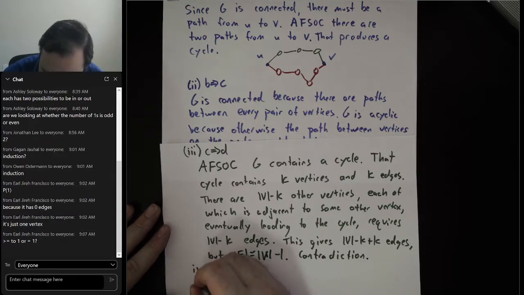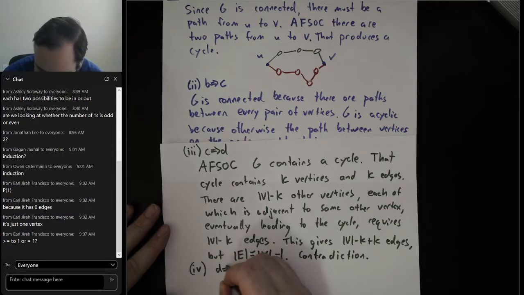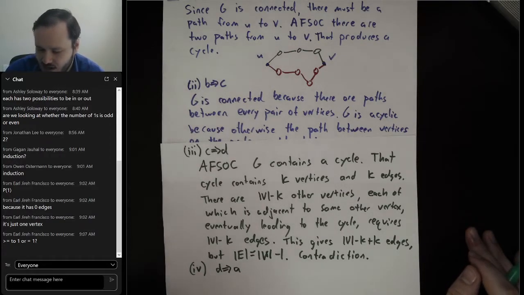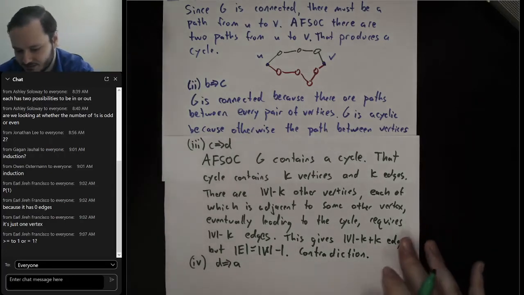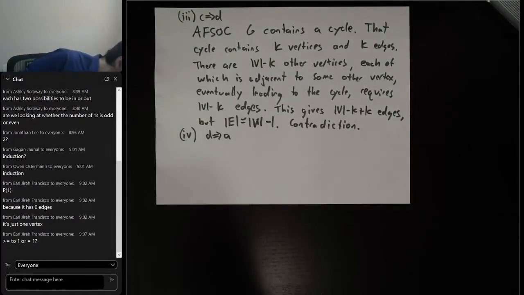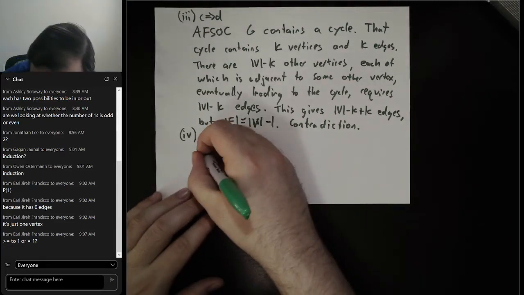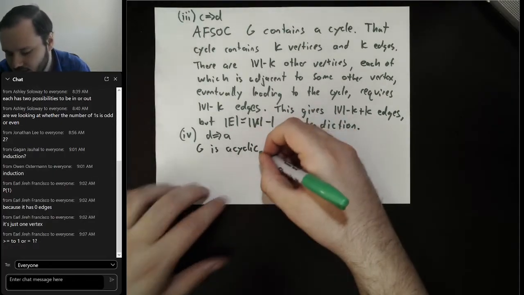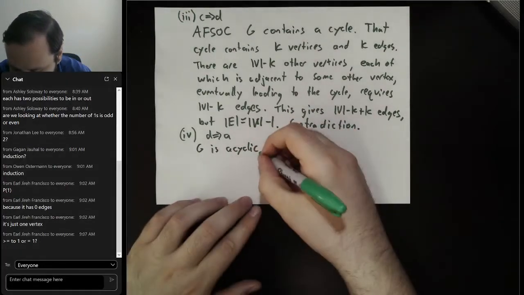And last but not least, D implies A. I already know I'm acyclic, and I have the right number of vertices and edges. I just need to prove that I'm connected. G is acyclic. So I just need to show that G is connected.